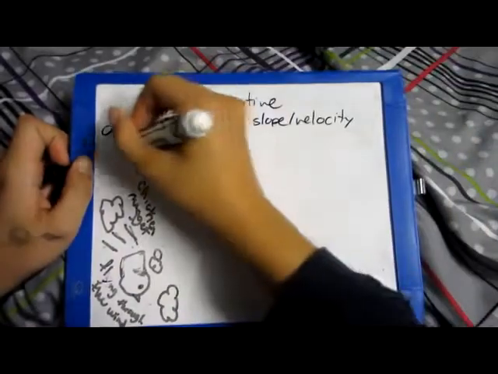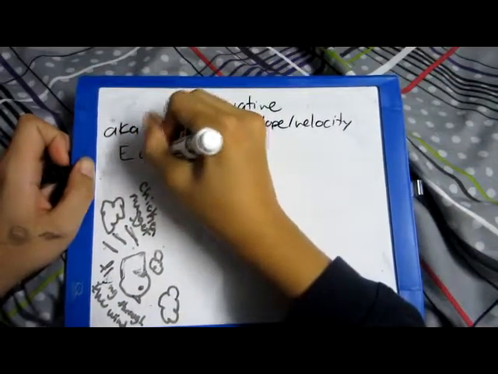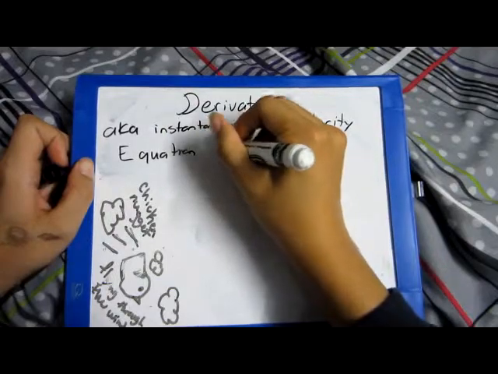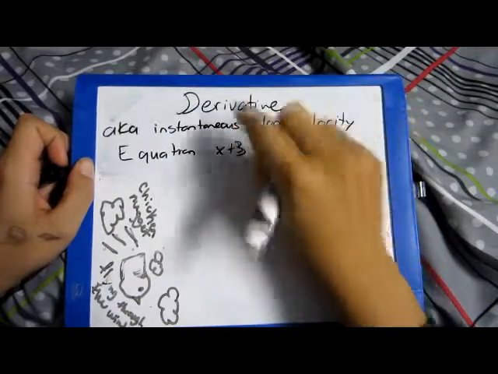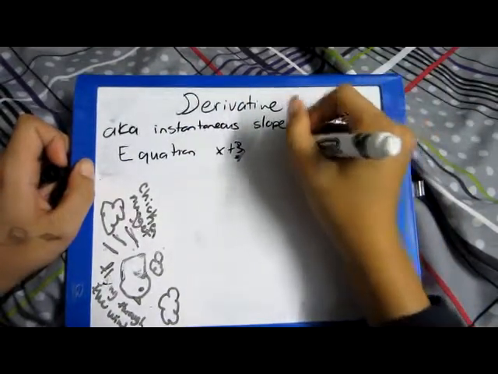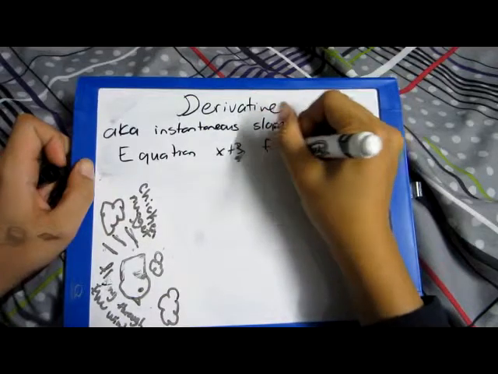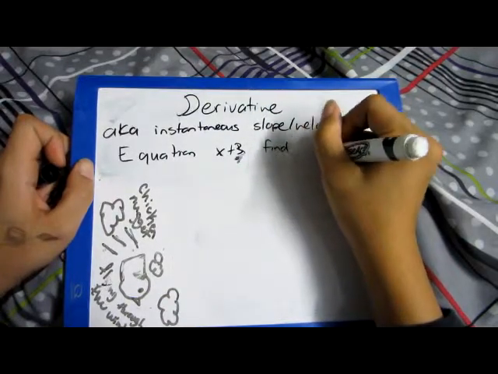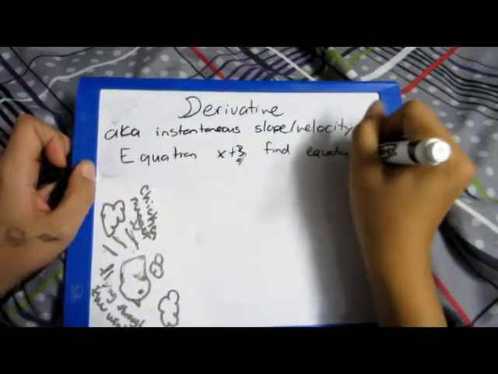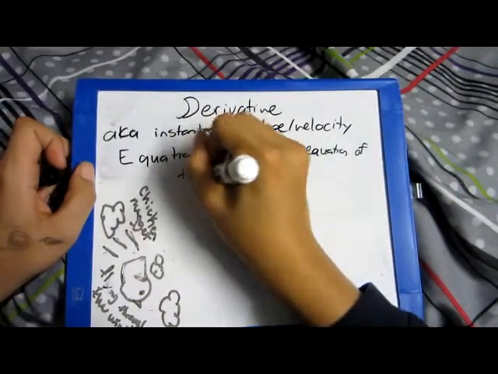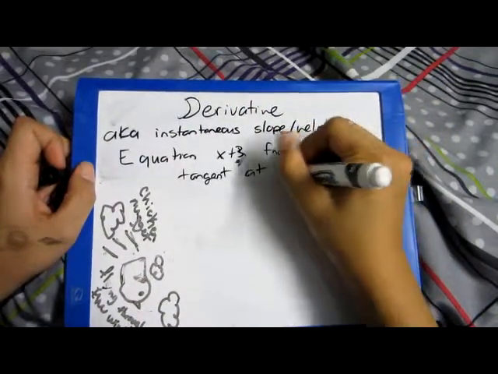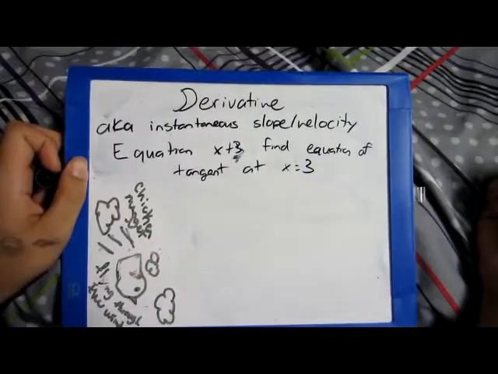So we're going to do this by first giving an equation, x plus 3. And then let's say we're going to try to find the instantaneous slope at 3. I'm sorry, I said equation here instead of slope, but that's what the sheet says, slope, so I'm going to find the slope.